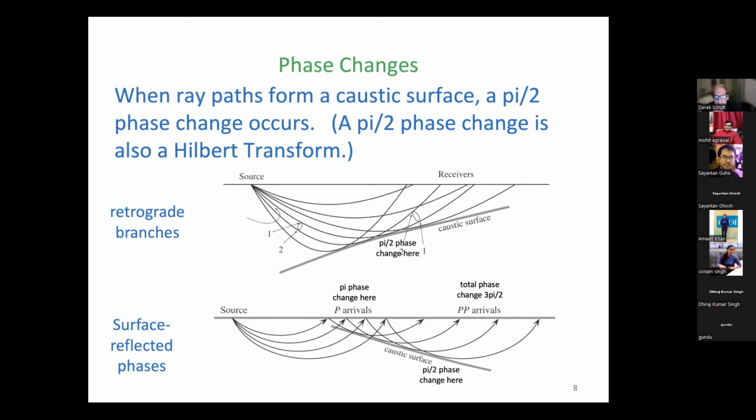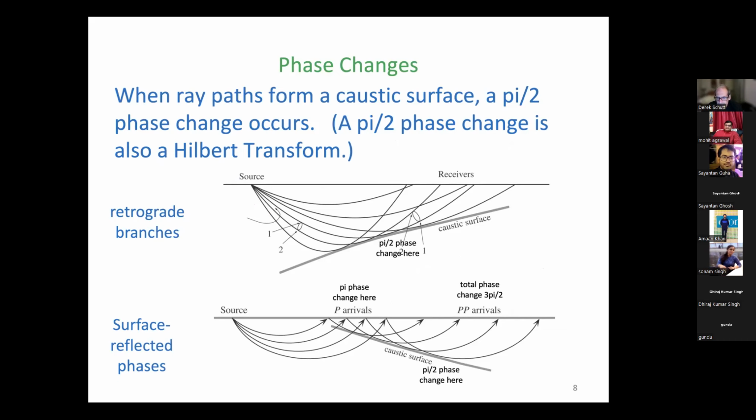Now, one thing that's worth noting is when ray paths form a caustic surface, so that means they turn along a plane here, they will undergo a pi/2 phase change. And that's because ray 1 here and ray 2 below it suddenly switch, and ray 2 becomes above ray 1, and ray 1 is below ray 2.